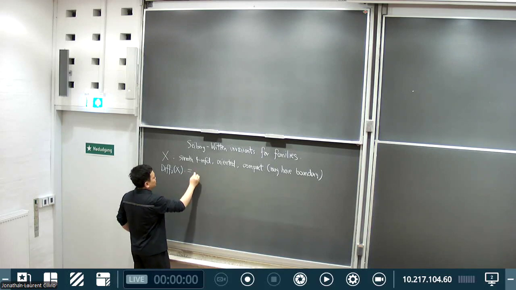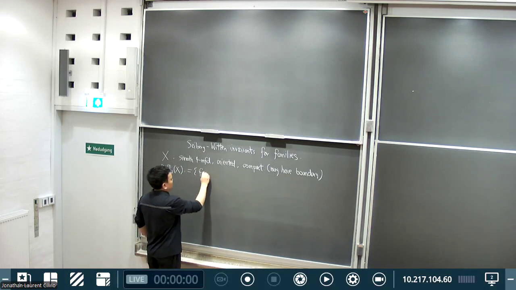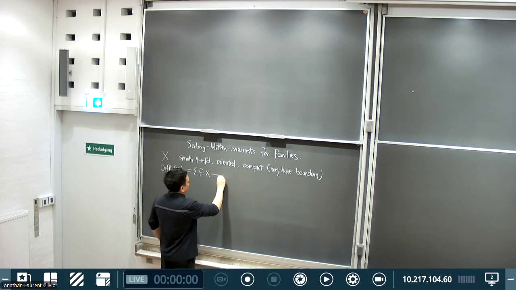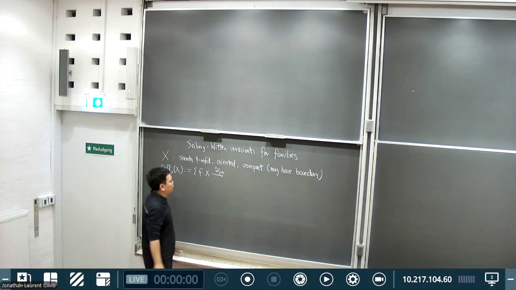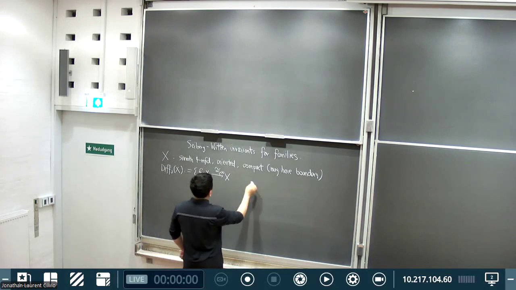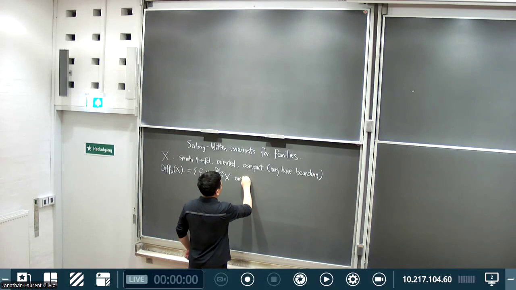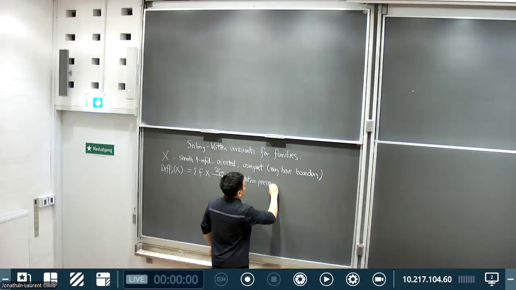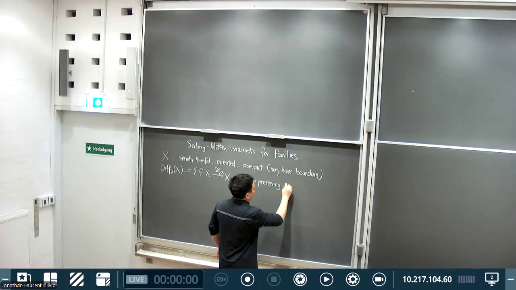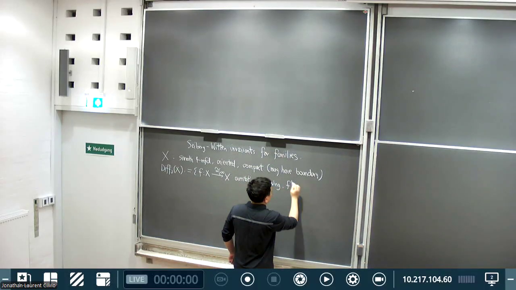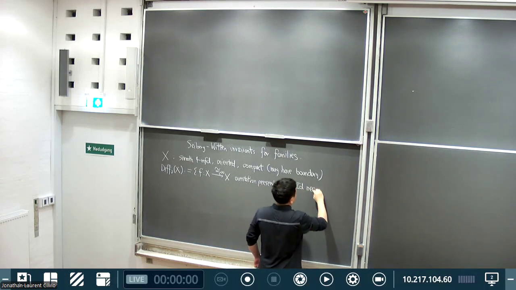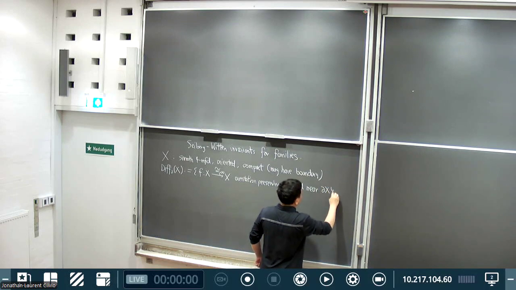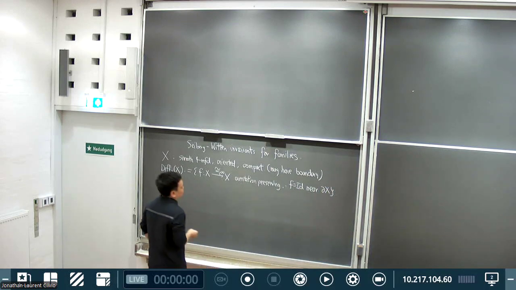Then we just consider the group of diffeomorphisms. This notation will just mean the orientation-preserving diffeomorphisms. And we will also require that F equals the identity near the boundary.